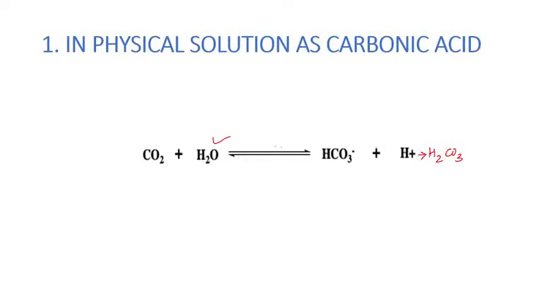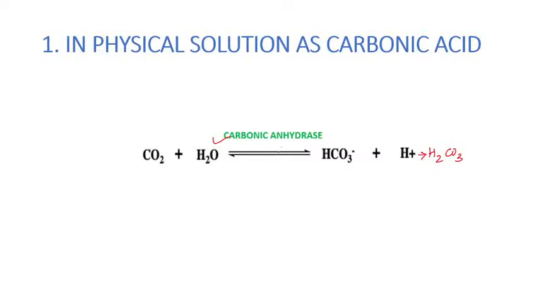This step is catalyzed by an enzyme called carbonic anhydrase. In vertebrates, carbonic anhydrase is present in the RBC, while in invertebrates, the carbonic anhydrase enzyme is present in the plasma. So in vertebrates, only a very low amount of carbonic acid is formed within the plasma, since the enzyme for catalyzing this reaction is absent in the plasma.